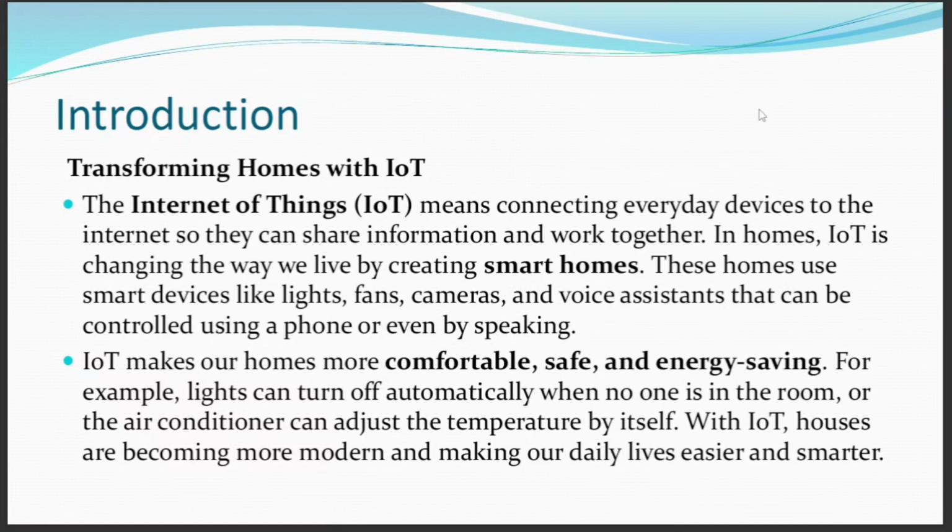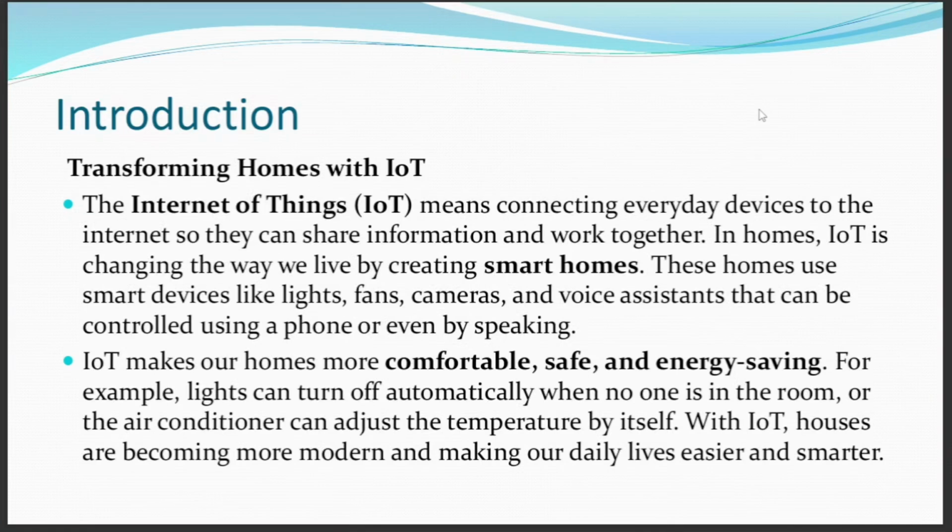IoT systems make homes more comfortable by allowing automatic adjustments. For example, lights turning off when your room is empty, or the air conditioner changing temperature based on the user's preference. IoT also improves safety and energy efficiency by enabling alerts and automated energy saving actions.